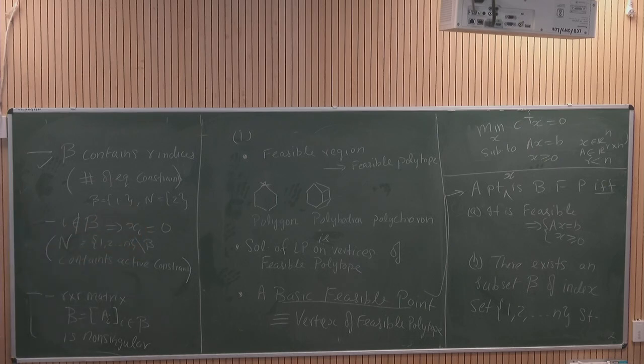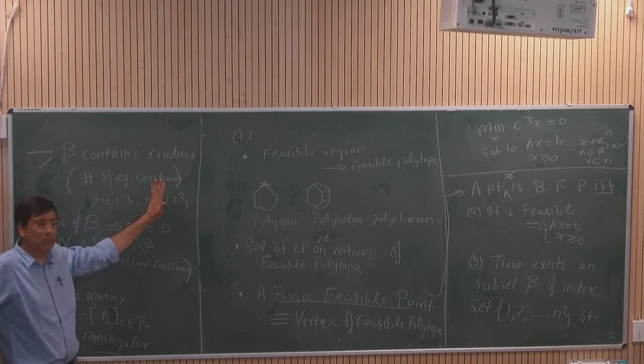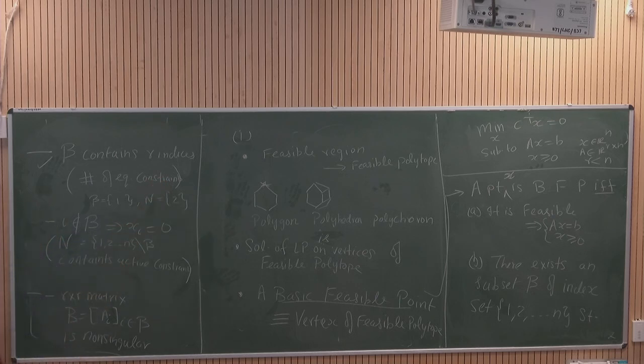If the 2 is not in B, then x2 is equal to 0. So basically beta contains inactive constraints, and n contains active constraints. You're separating the two.